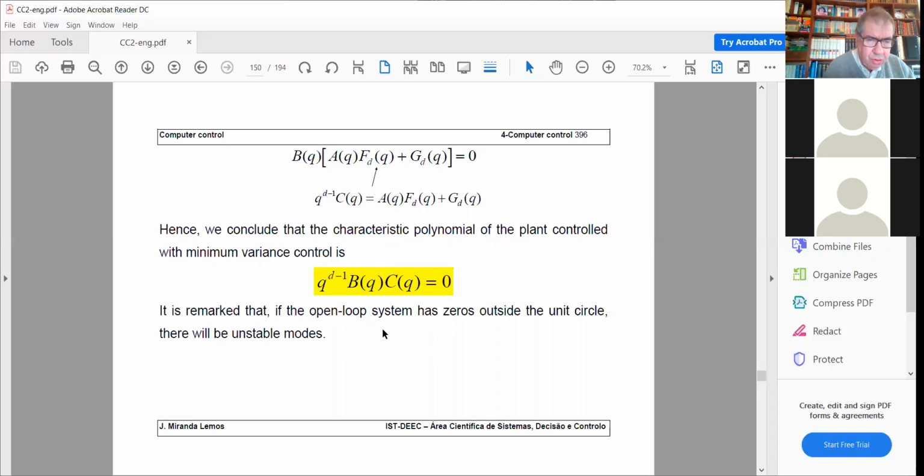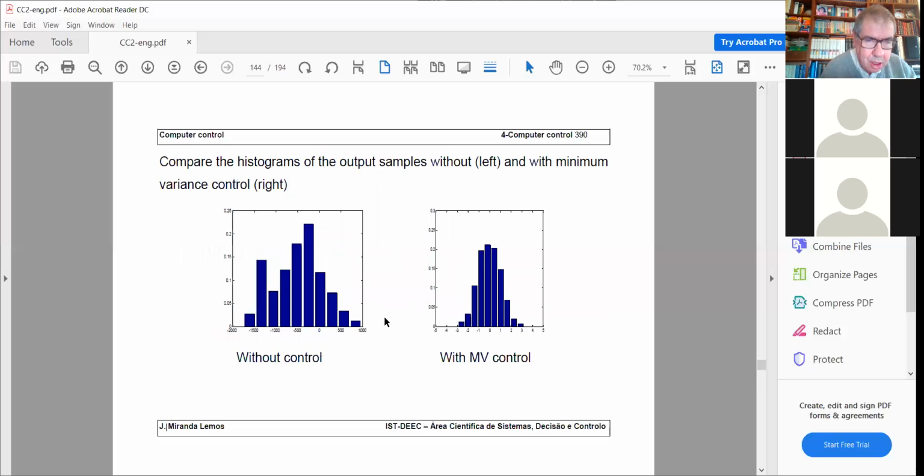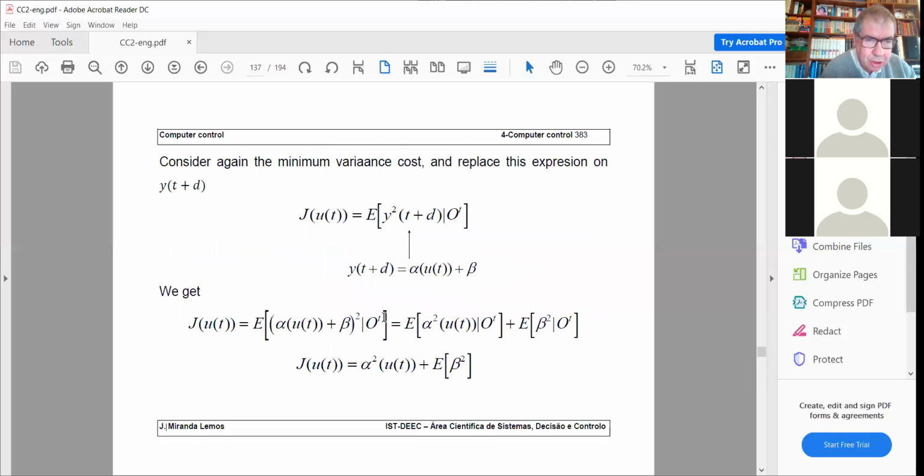But if you haven't, let me tell you where the poles are positioned when you consider LQ control in relation to B. Let's look at the functional.